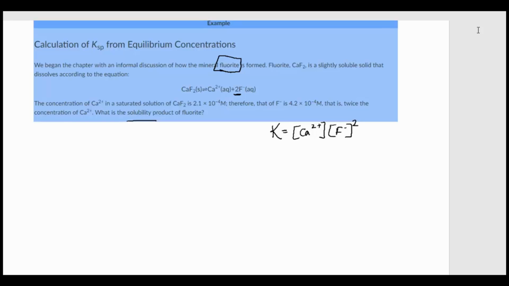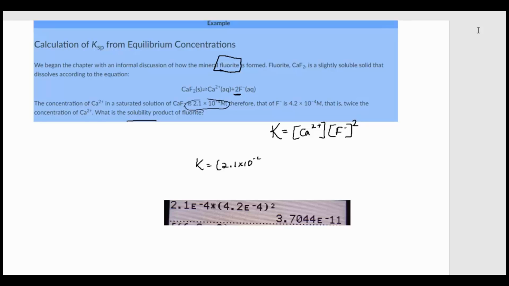The concentration of calcium is this value here. I'm just going to plug in. And the concentration of fluoride is this value, and I'm going to square it. So I can find the KSP value of this item, and when I put that in the calculator, I get that the KSP is 3.7 times 10 to the negative 11. So see, we can calculate the solubility product.